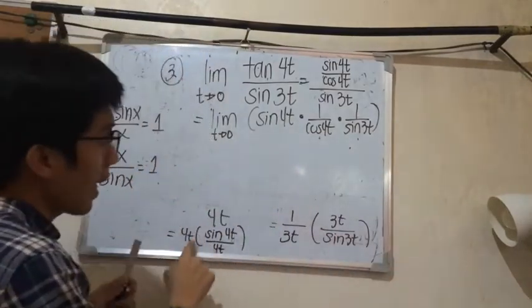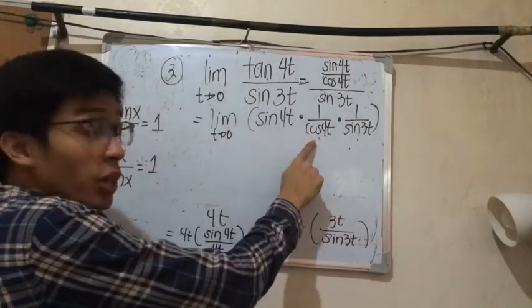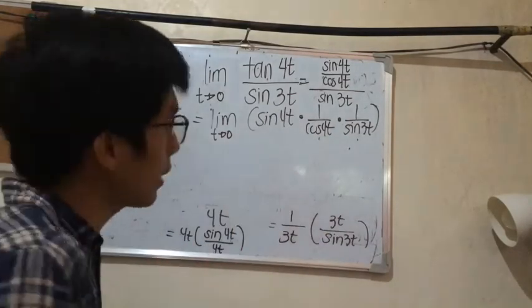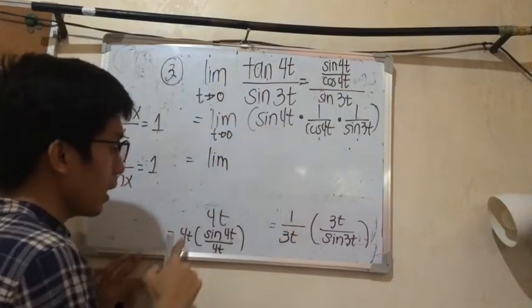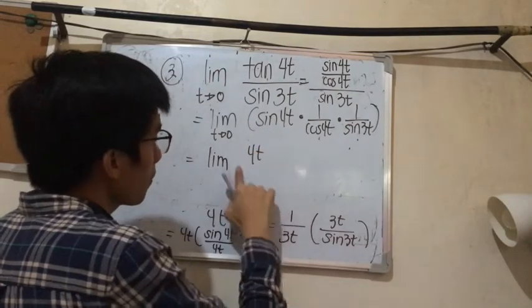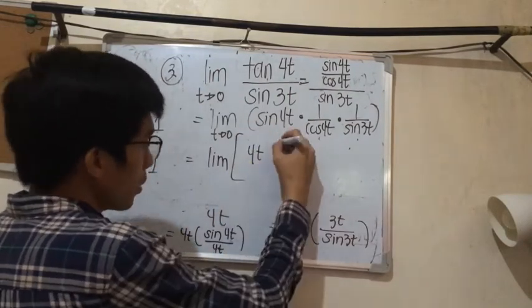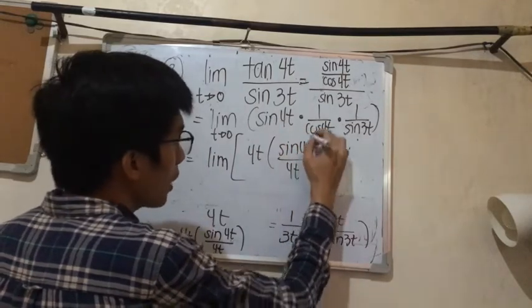Okay, again, this is here, and 1 over cosine 4t. Again, you don't need to convert this one because it has a value already. So this is now the limit, what is the new value of sine 4t? That is 4t multiplied by sine 4t over 4t.